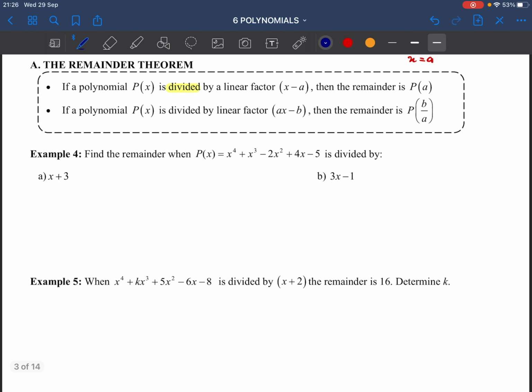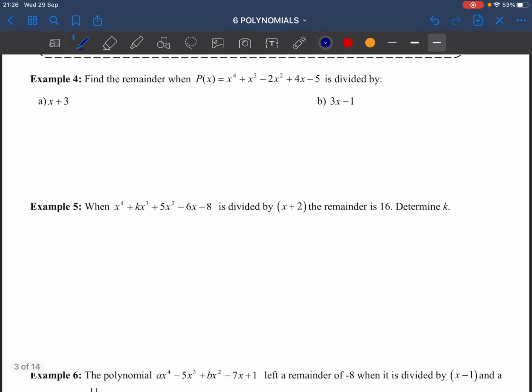Now let's go to the first example. We have: find the remainder when P(x), a polynomial, is divided by x plus 3. The keyword here is divided, so we know that we have to use the remainder theorem because we want to find our remainder. This is x plus 3, so the root here is x equals negative 3. Just substitute into our polynomial.